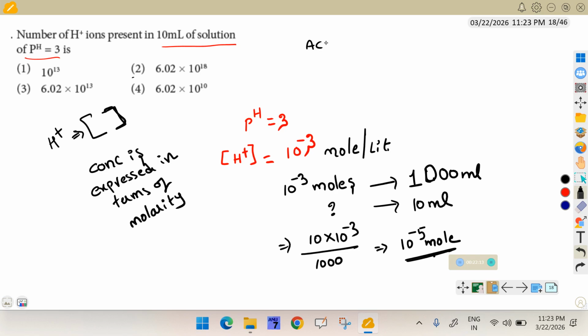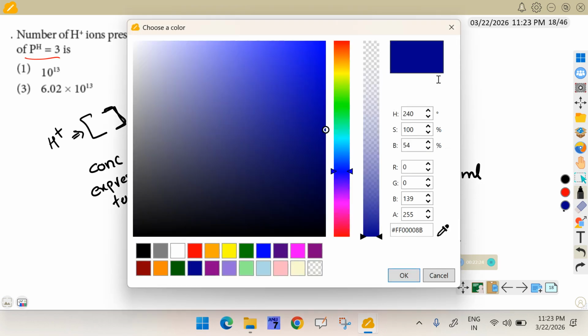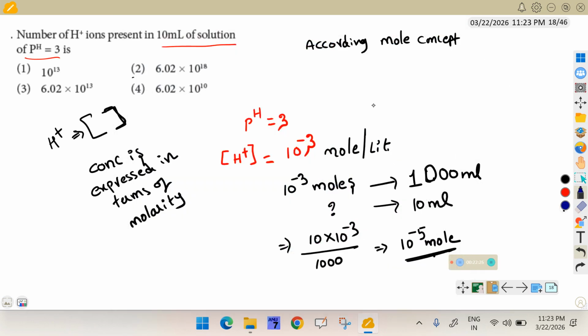According to mole concept, 1 mole of the substance contains Avogadro number of molecules, 6.023 into 10 power 23.